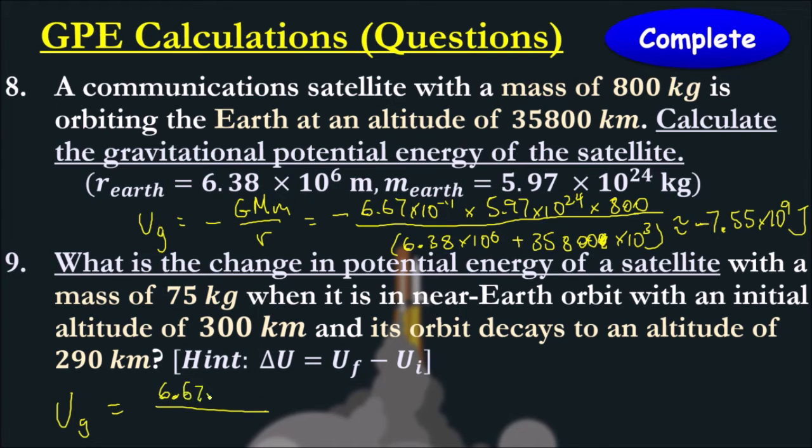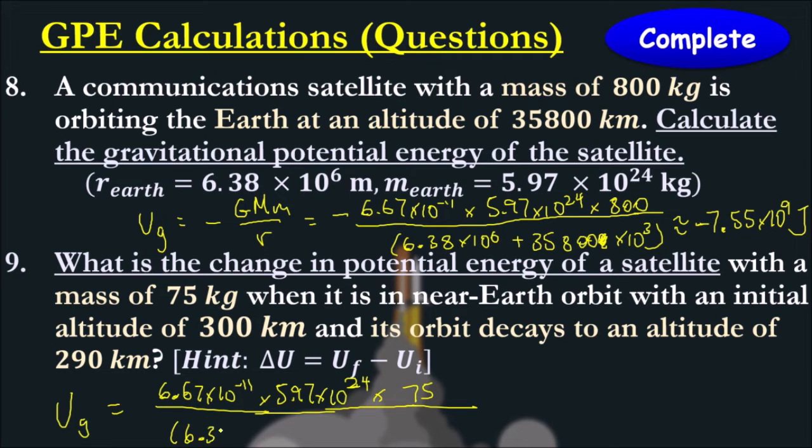So 6.67 times 10 to the power of minus 11 times the mass of Earth times the mass of the object.